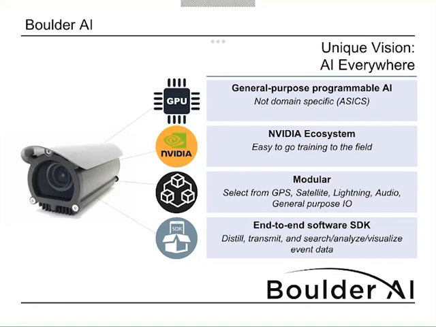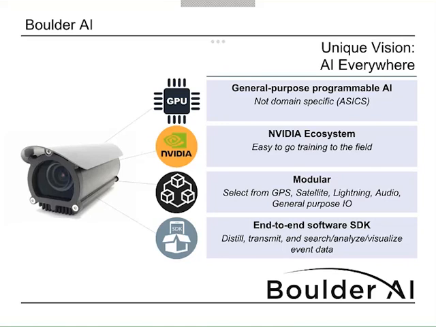Really NVIDIA GPUs, and a lot of times that process of algorithm development starts in this NVIDIA ecosystem. So the camera is in that ecosystem for a really good reason.